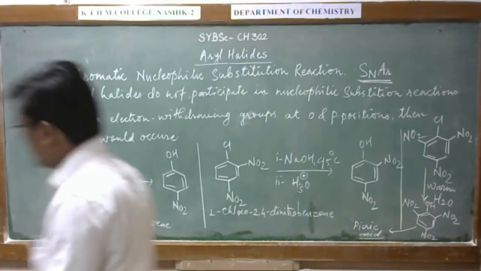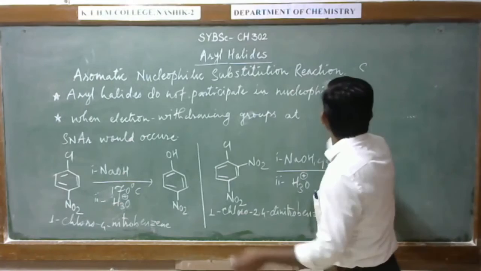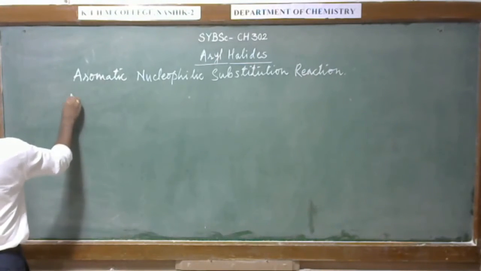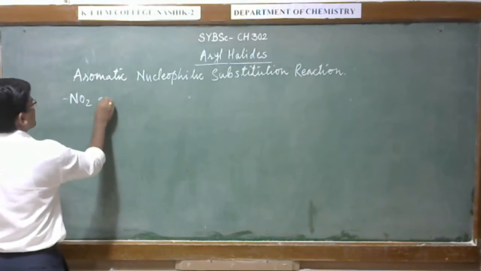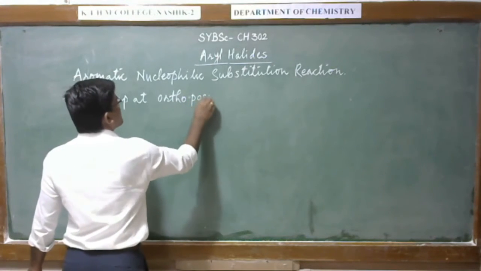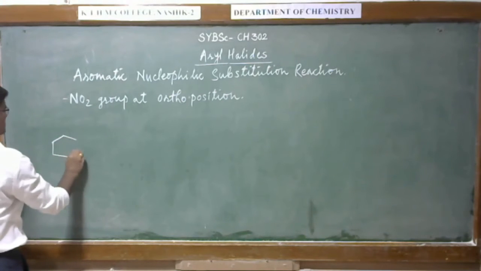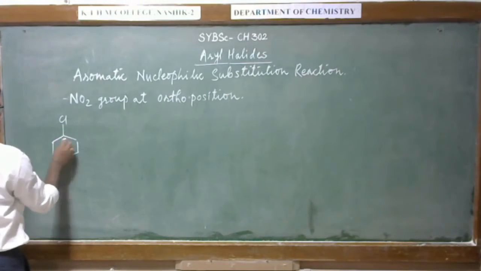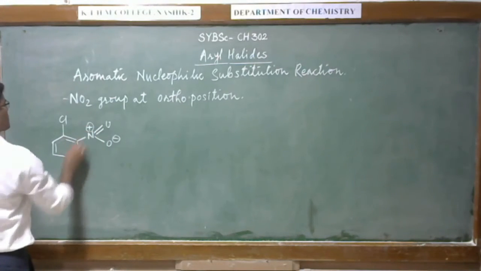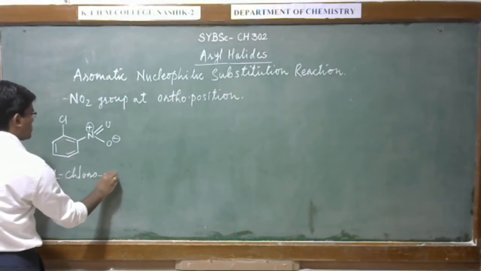Alright. So let us have its mechanism. When this nitro group is at the ortho position, alright, so we have 1-chloro-2-nitrobenzene.